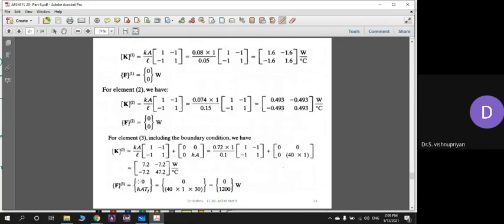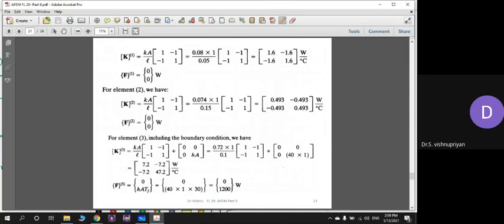For the third element, it is 0. This belongs to the third node, where there is no heat convection. At node number 4, we have heat convection, and that effect is given by HA TF. TF is the fluid temperature, the air temperature, which is given as 330. So we have 0, 1200 as the load vector for the third element.